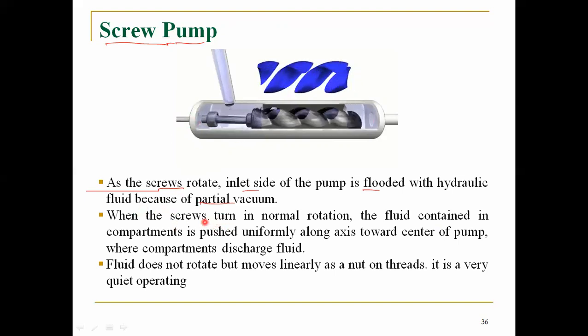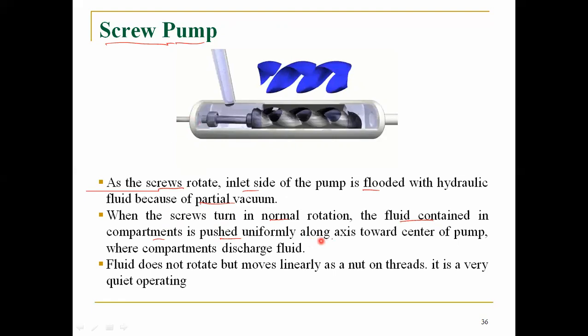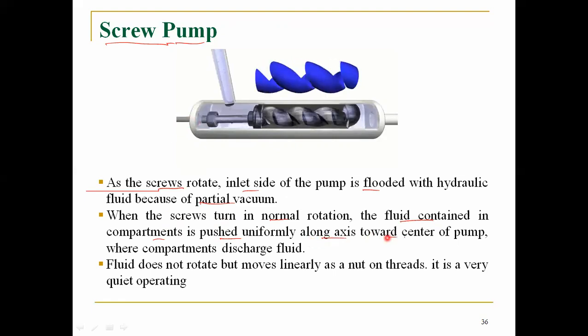When the screws turn in normal rotation, the fluid contained in the compartments is pushed uniformly along the axis towards the center of the pump, where the compartment discharges the fluid. When this is rotating normally, you can see that oil is carried through the screw, and finally the oil is discharged to the outlet.